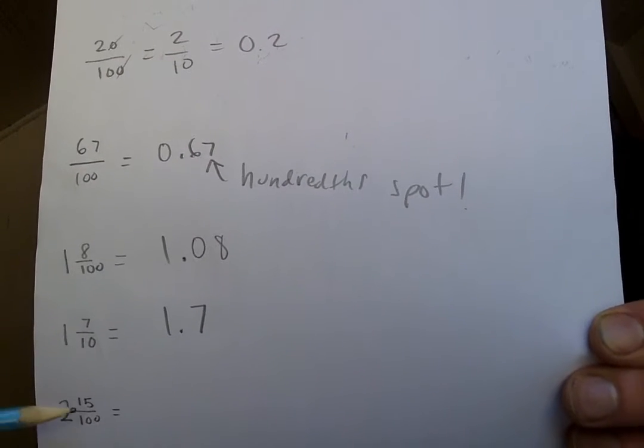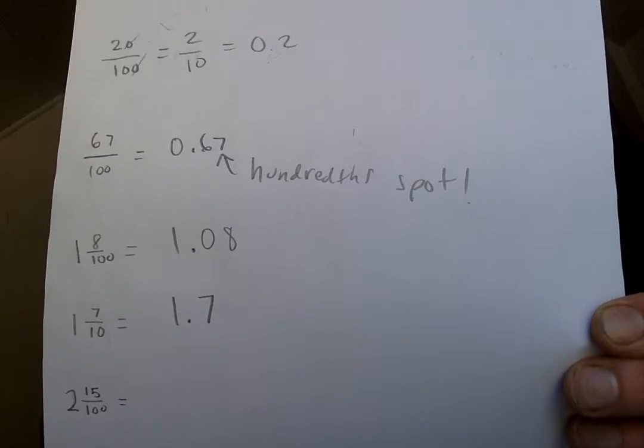Let's keep going. 2 and 15 hundredths. Well, how many wholes do we have? We've got 2. So you write a 2 right there. And then, how many hundredths do we have? Well, it says 15 hundredths, right? So you got to write 15 in the hundredth spot.